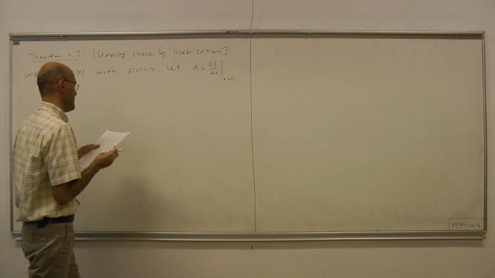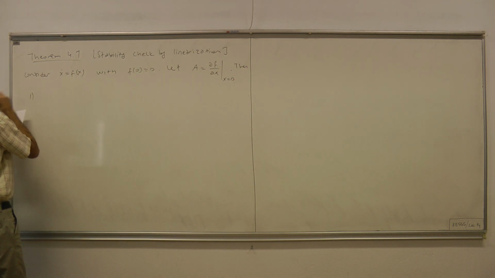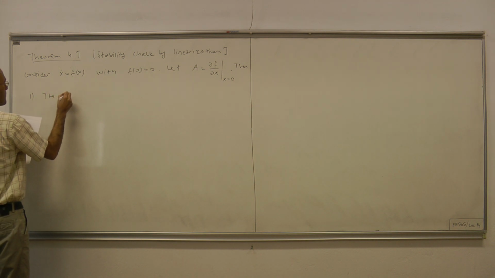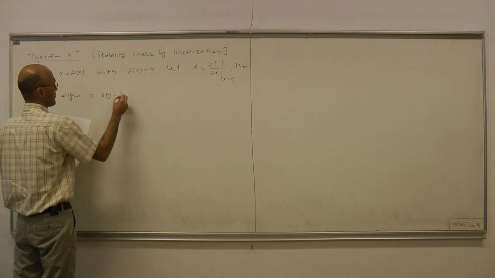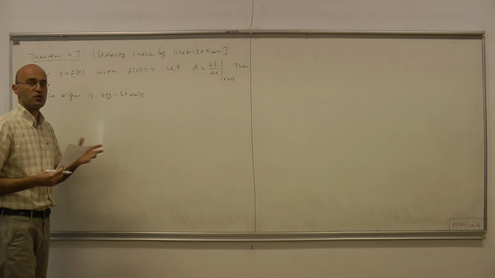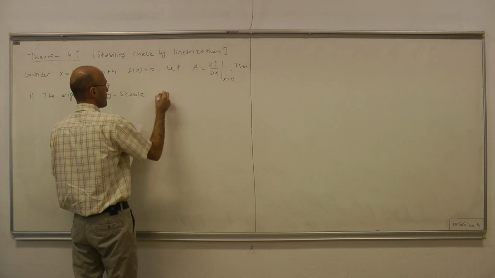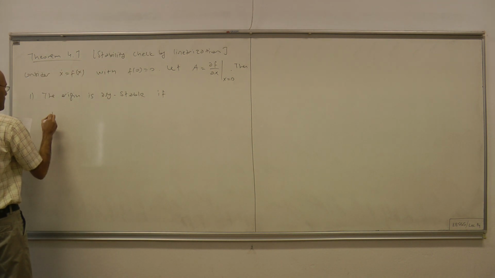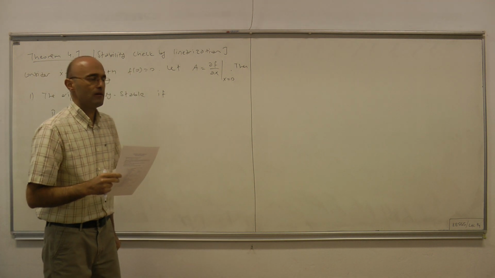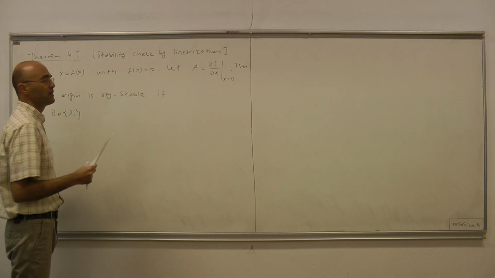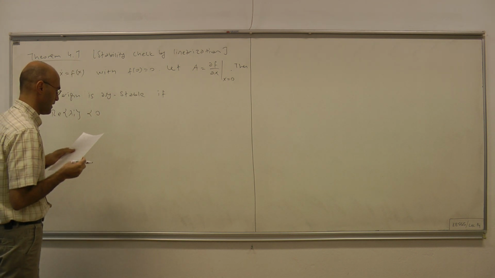Then the origin is asymptotically stable, the origin of the original system x dot equals f of x, if all the eigenvalues of the A matrix appear on the open left half plane. If all the eigenvalues are with strictly negative real parts.